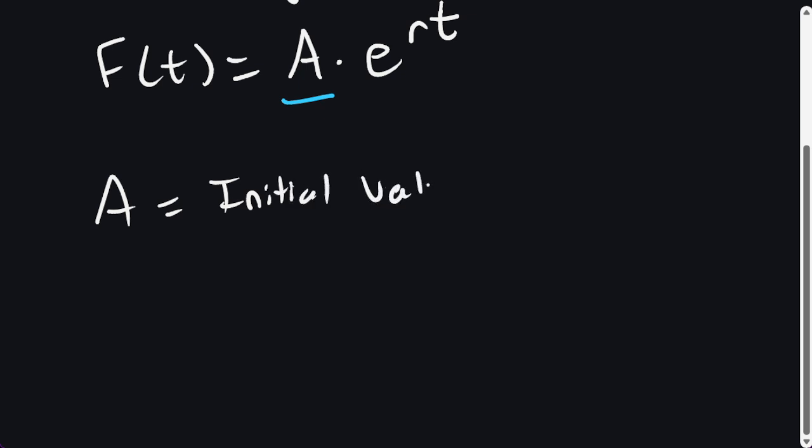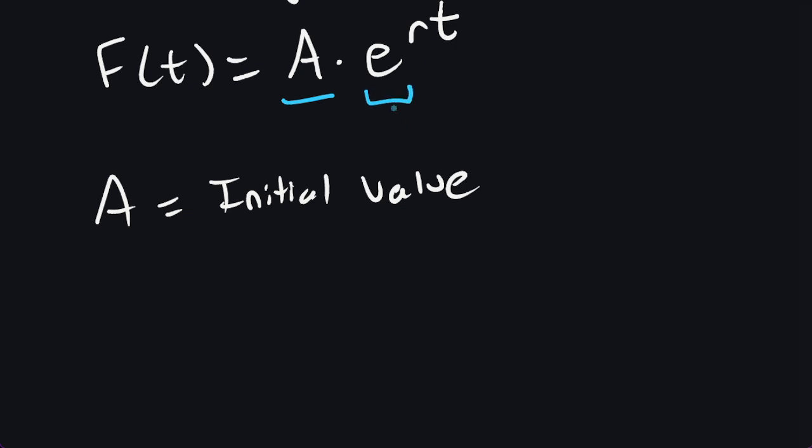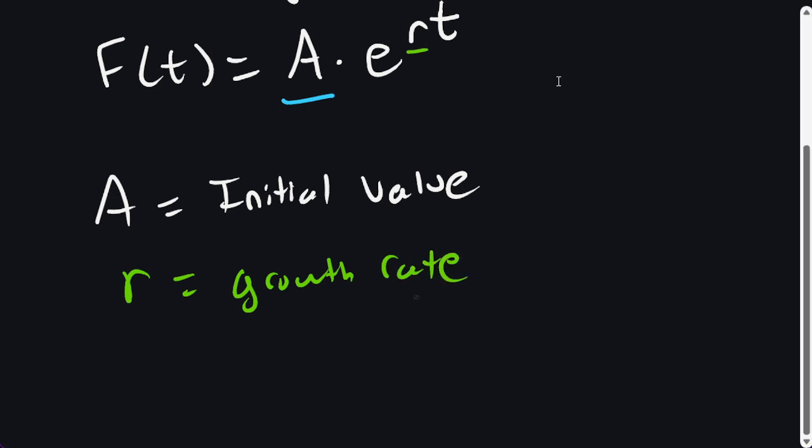And then e, of course, is Euler's number. r is the rate of growth, so growth rate. And then t is time in years.